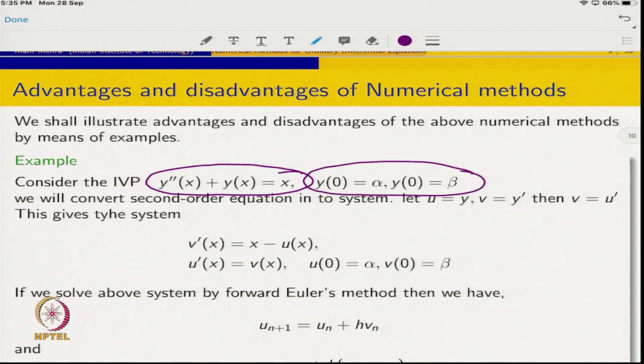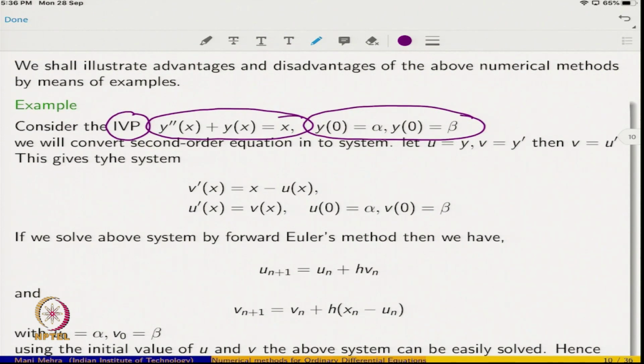Both the conditions are prescribed at 1.0 and that is why it is called an initial value problem. The abbreviation which we have used for initial value problem is IVP. We will convert this second order equation to a system; we all know how we can convert a high order differential equation into a system of first order differential equations.